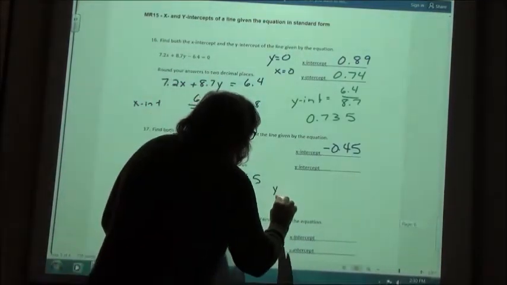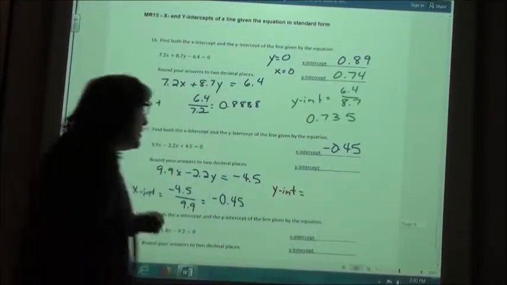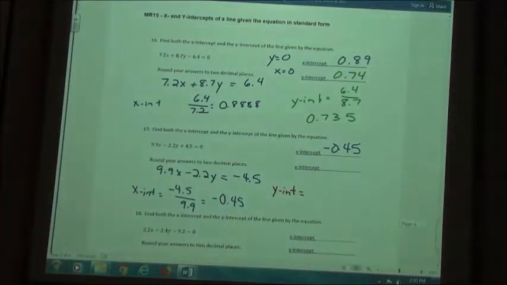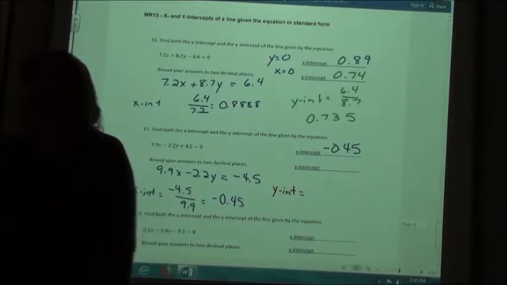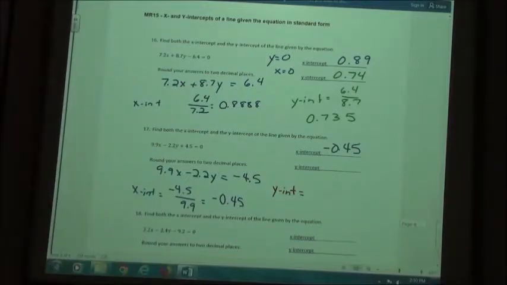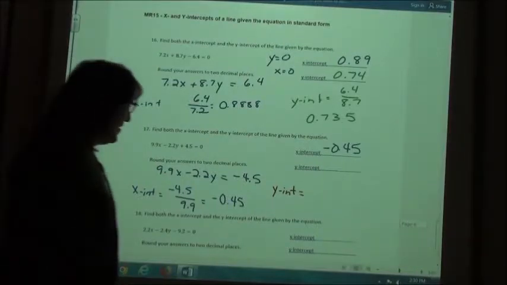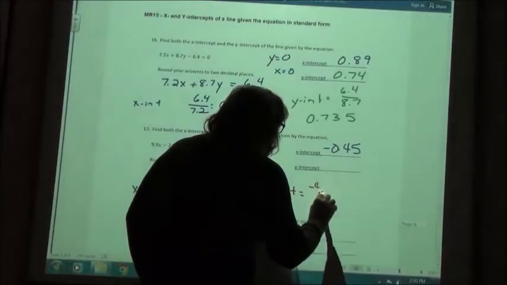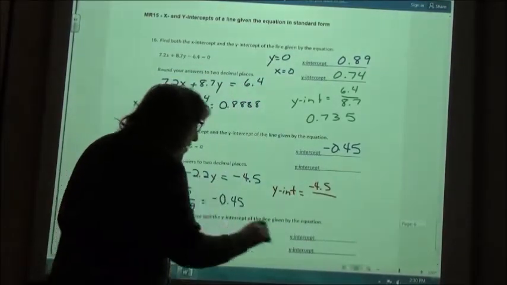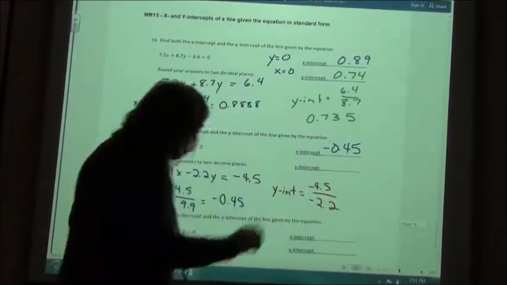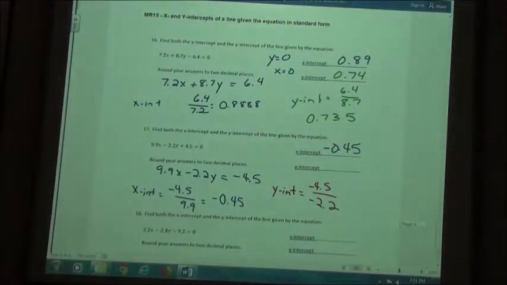To find my y-intercept, what would I do? You guys are already busy doing it. I'm going to take my negative 4.5 and divide it by the negative 2.2, which is in front of my y.